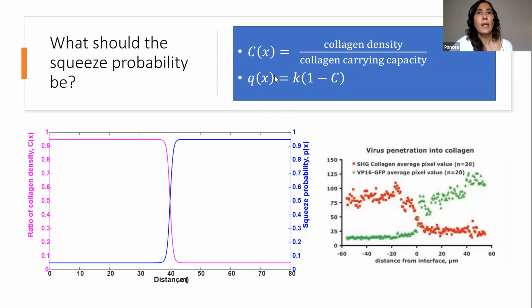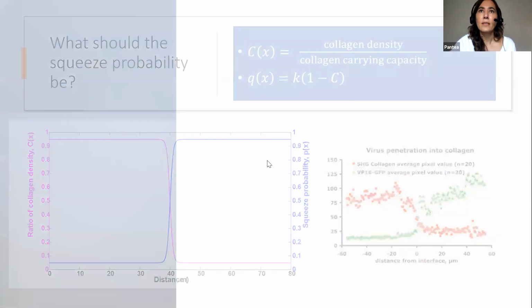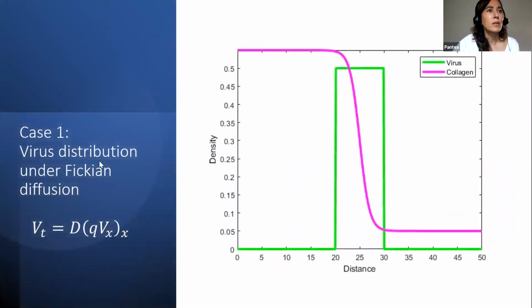This is a very simple way to model the squeeze probability. If we then mimic the environment that we see in the experiment, our squeeze probability would be a reflection of collagen density. So the squeeze probability is high where collagen density is low and vice versa. We're going to use this to generate virus diffusion.